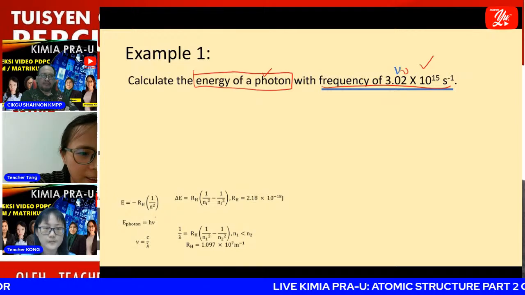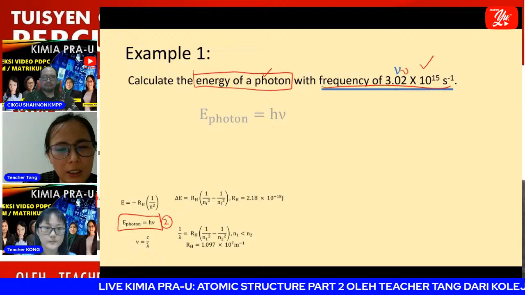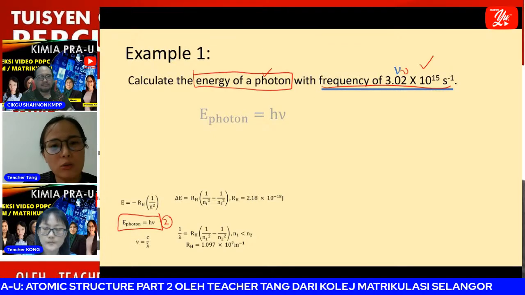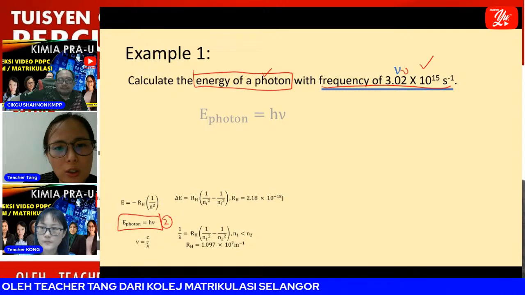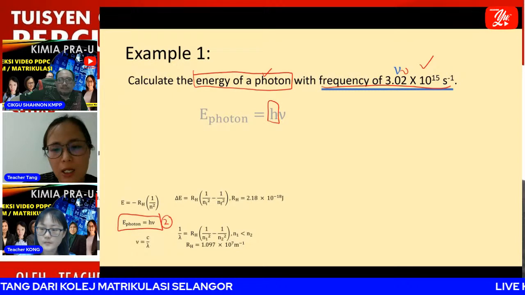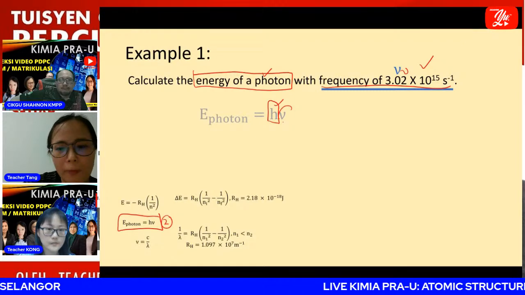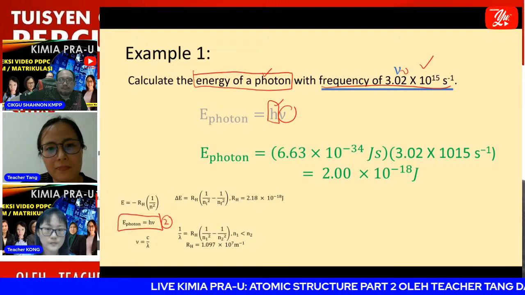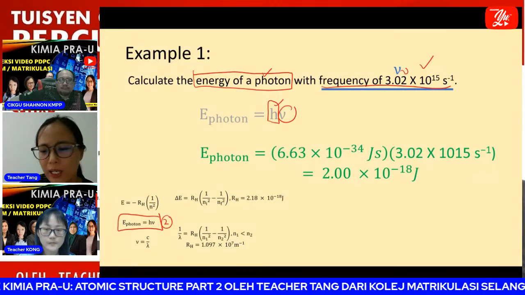That is formula number 2. Next we substitute. H is the Planck constant, so we substitute the constant with the frequency into the formula. Then we get the answer. Very easy, 3 steps for you to get the answer.